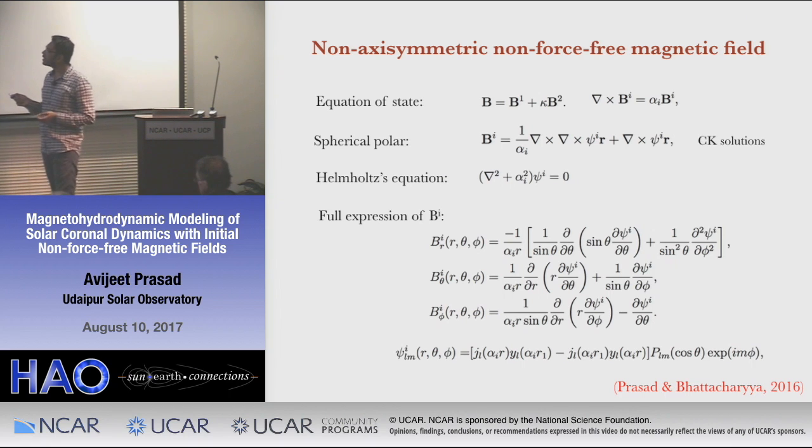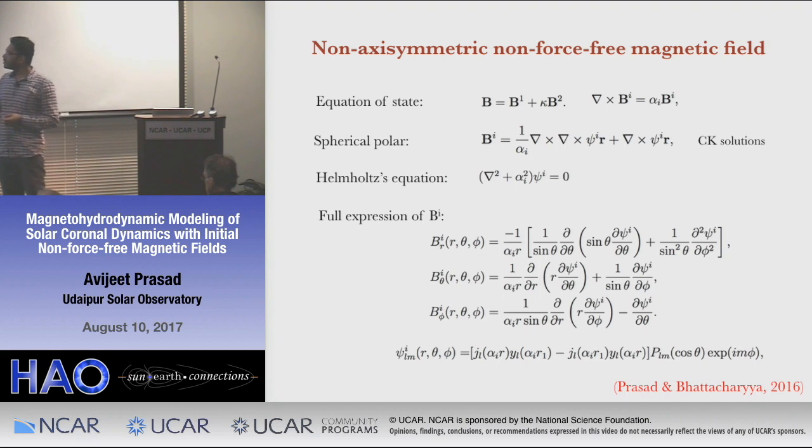These are the Chandrasekhar-Kendall solutions, which in spherical polar coordinates can be written in this form. Here, the flux function psi satisfies the Helmholtz equation, which is given by this equation, and the expression for various components of the B can be written in these forms.